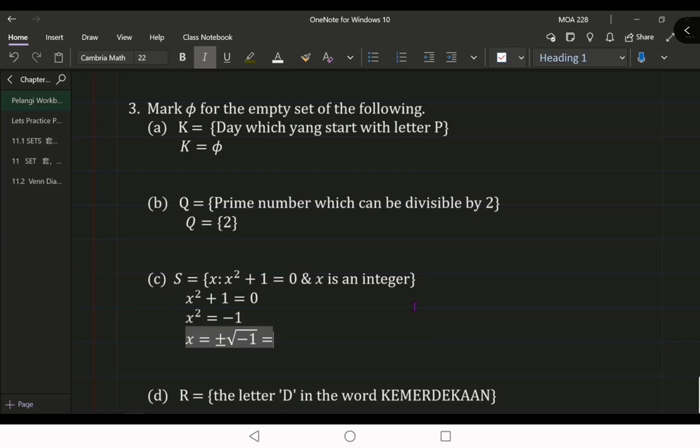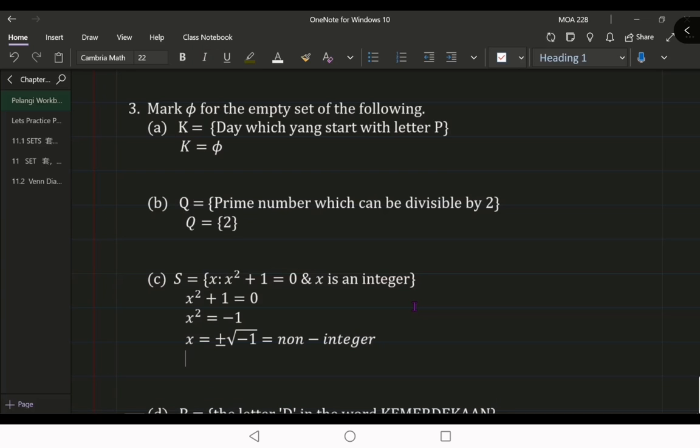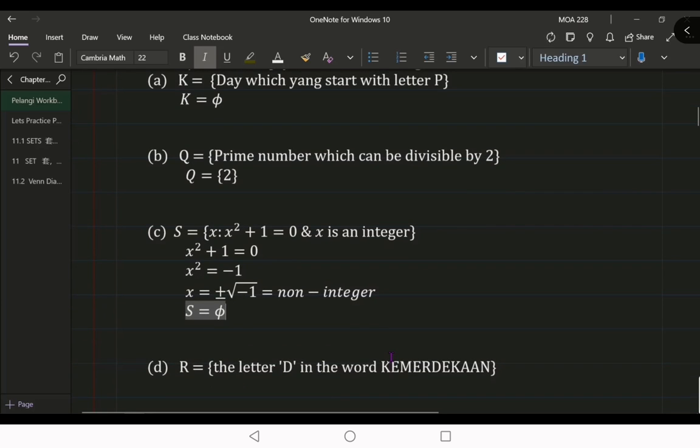If you are going to use a calculator, you cannot get an integer, cannot solve the problem. So we can say this one is the empty set. Nothing, there is no element inside there.